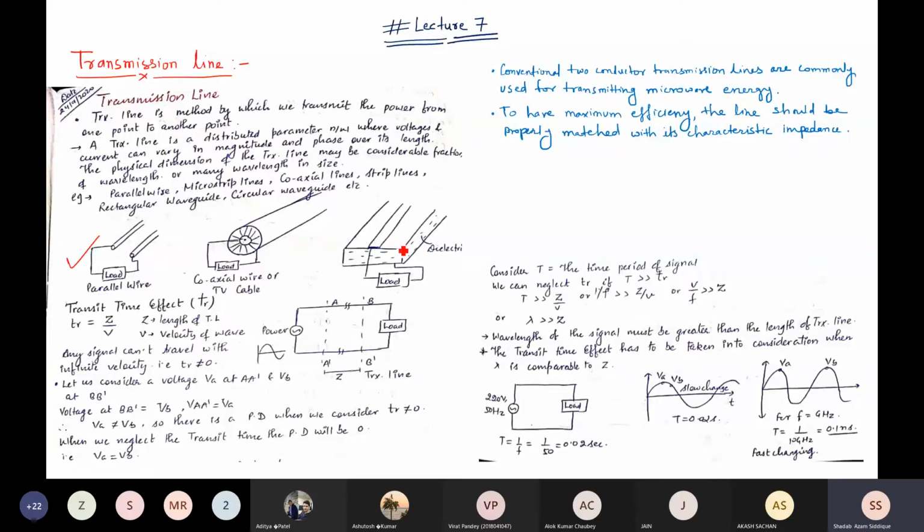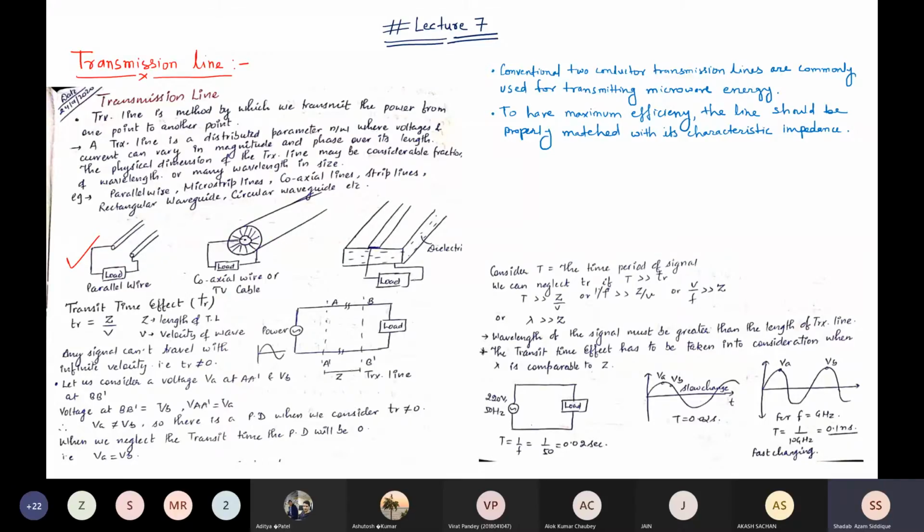We will see this type of configuration in the next class, along with a few types of transmission lines like the microstrip transmission line and strip lines. Different types of transmission line we will see in the next class, after the mathematical analysis of the transmission line.